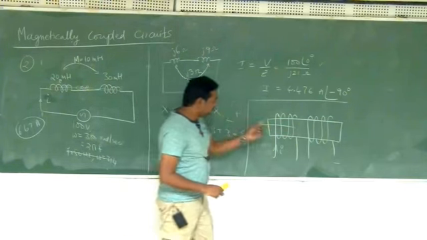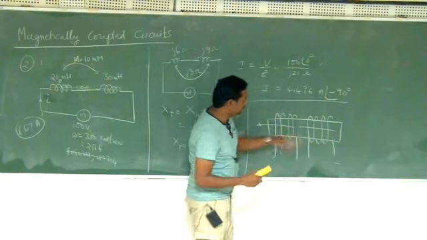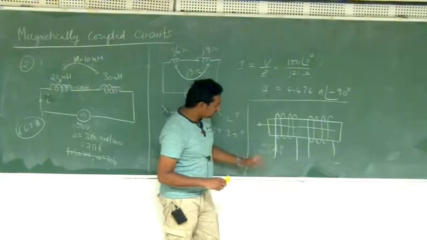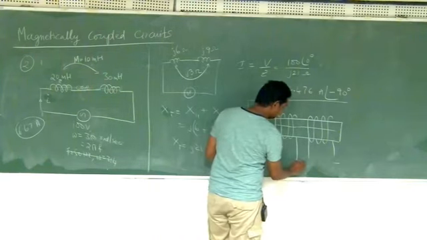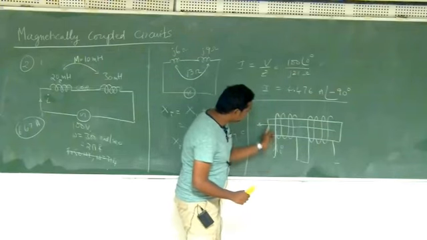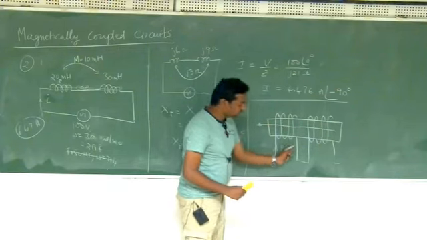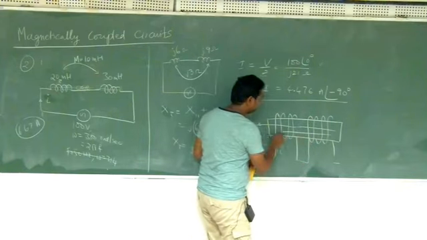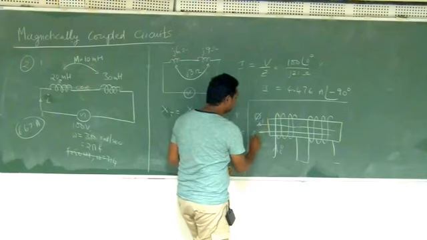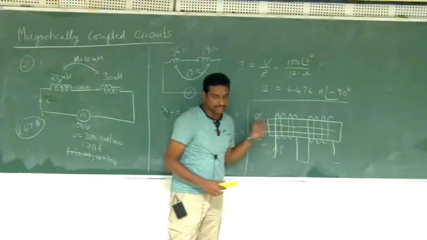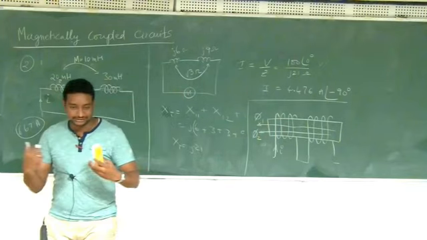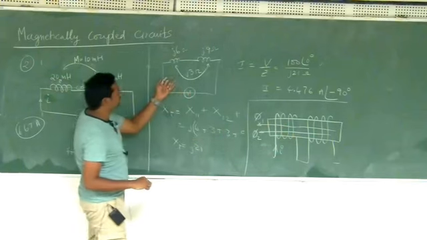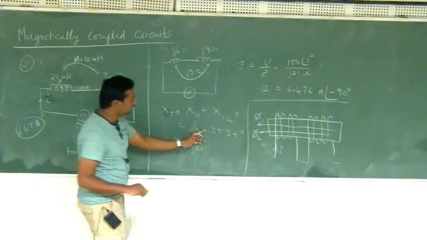The same flux will also link to the other coil. Now assume that these two are connected in series. Current is entering, leaving, and again entering, going like this. So the flux of the first coil and the flux of the second coil will both be adding to each other. If the fluxes are adding to each other, in that case I can use the plus sign. So here it is plus.